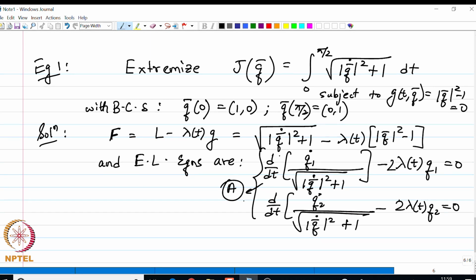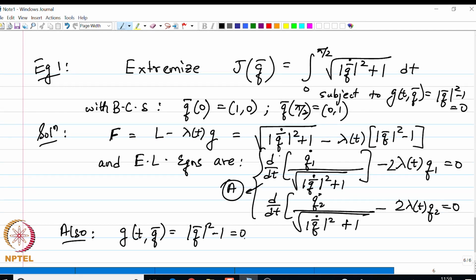Now we have to solve the system of equations. We also have the constraint g of t comma q bar, which is mod q bar square minus 1, equal to 0.